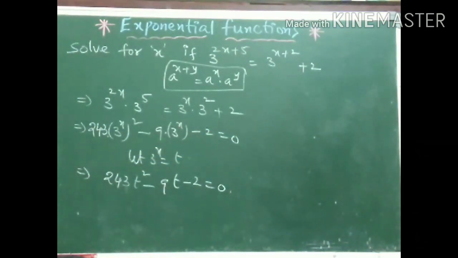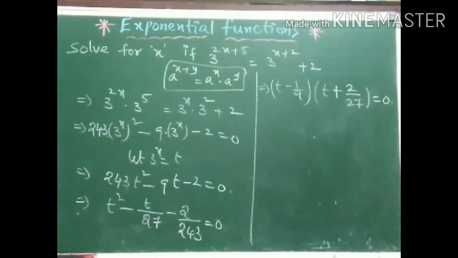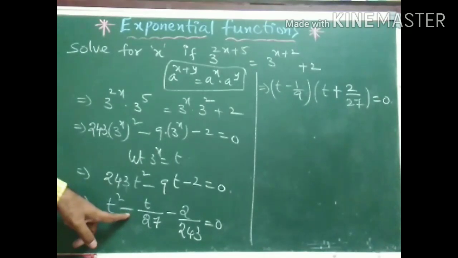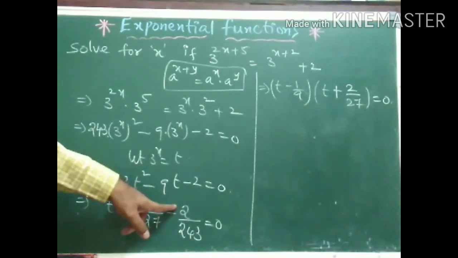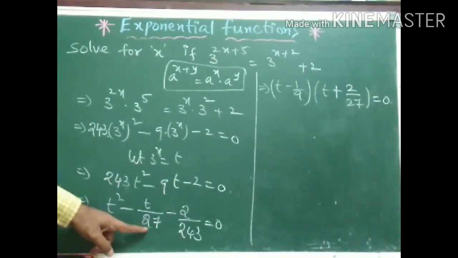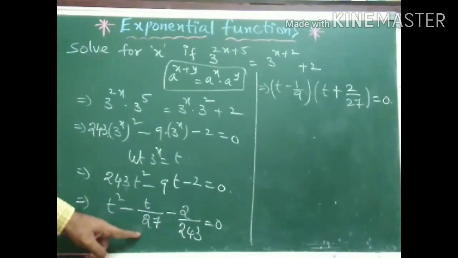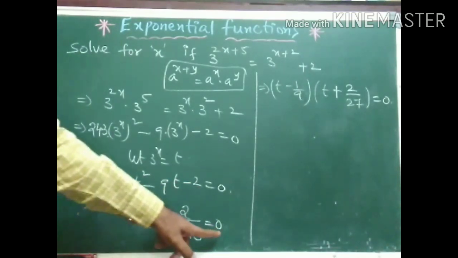This is a quadratic equation which can be reduced into factors. So better divide both sides by 243. If you divide by 243, 243 by 243 gets cancelled. Now this is t square minus 9 by 243, which is 1 by 27, minus t by 27 minus 2 by 243 is equal to 0.